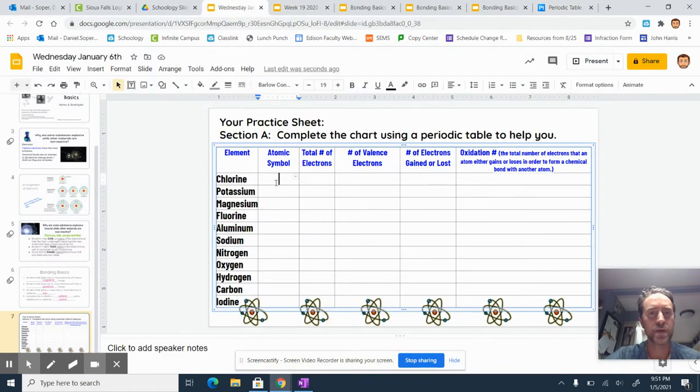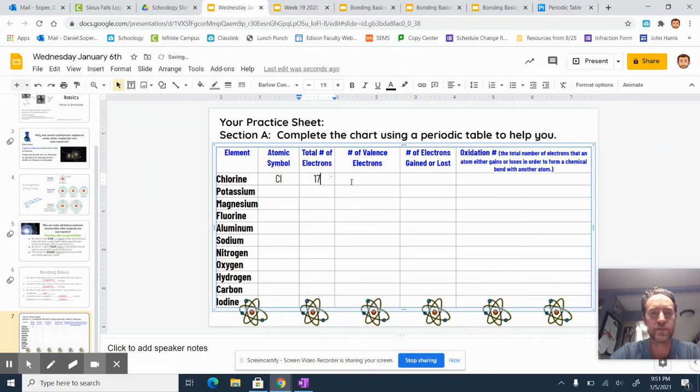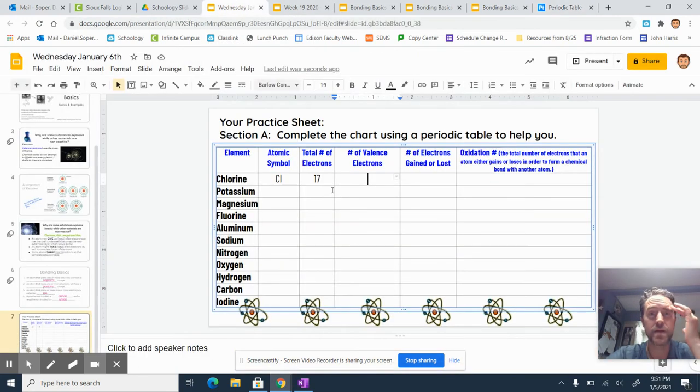Firstly, its atomic symbol. That's just its symbol. It's Cl. Total number of electrons. That's always the top number here, 17. That's what we start out with. So 17. Valence electrons. Remember, that's the group number minus 10. So we've got 17 minus 10 is 7.